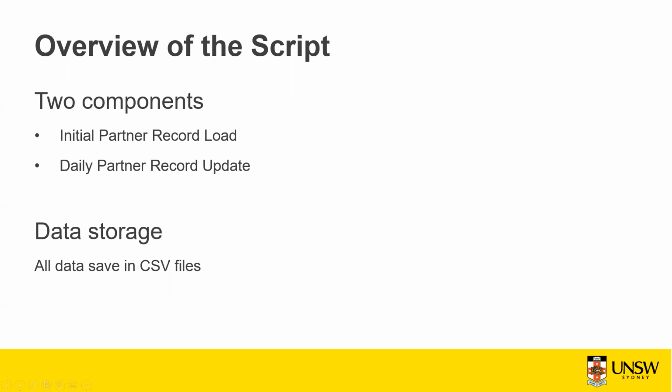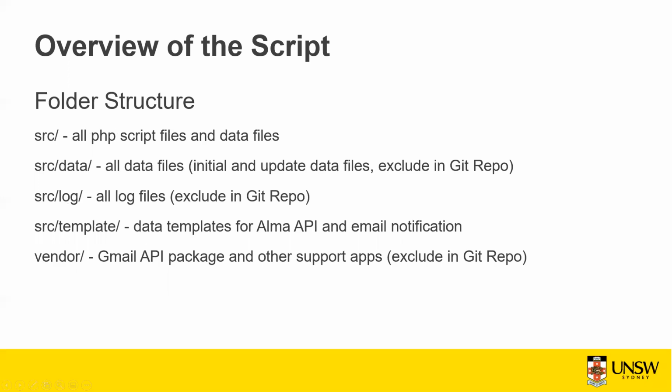Data storage: all our data is stored in CSV files, so we don't use any database. File structure: all our script files and data are stored in the SRC folder. In that folder, we also have a data folder to store all data files.